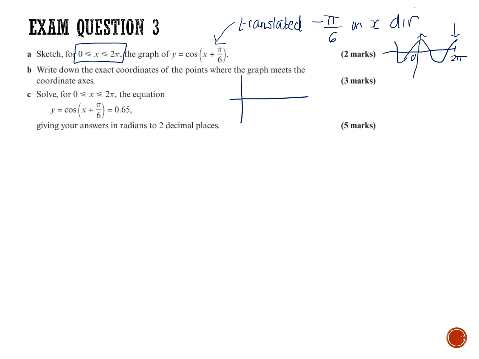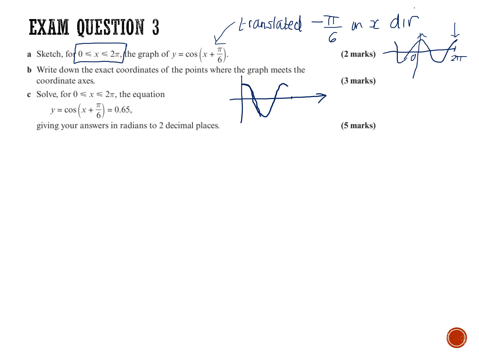I'm just drawing it between 0 and 2 pi. Here, it's already starting to go down. So it goes down like that, it goes up like that, and then it just goes just past the curve because of the translation.